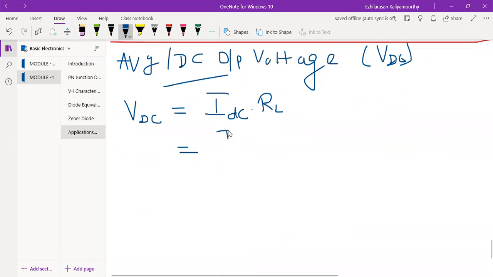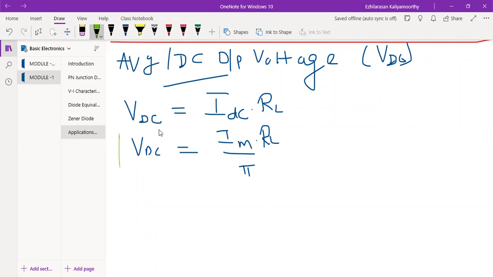So this will become Im into RL divided by pi. I hope you got it now. This is nothing but VDC. Very simple, everything in terms of Ohm's law. That is the average or DC output voltage.